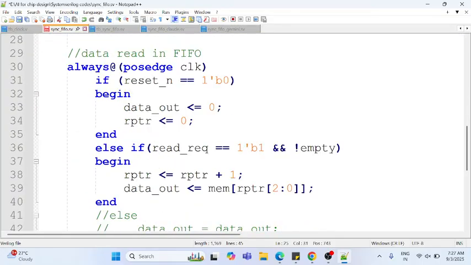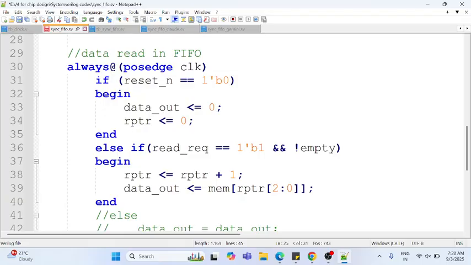Then data reading in FIFO. Now what is the condition for reading? We keep data out equal to 0 and read pointer equal to 0 on reset. Else if read request is equal to 1 and it is not empty. If you have to read new data from the FIFO, then empty has to be 0.